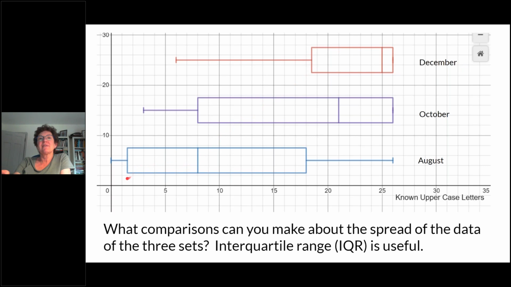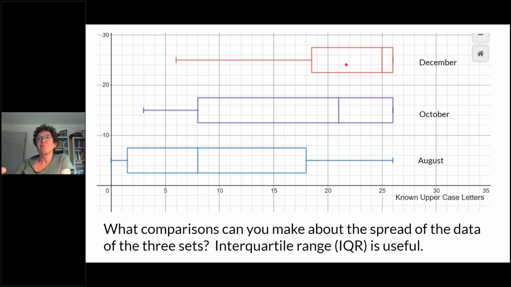Remember, this is our lower quartile, this is our upper quartile. So it's asking us, what is the range from the lower quartile to the upper quartile? Just looking at it, it looks like October and August are about the same, but December is much smaller. The range between the upper and lower quartile is much smaller.